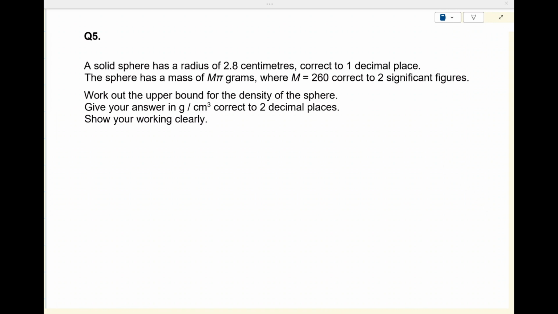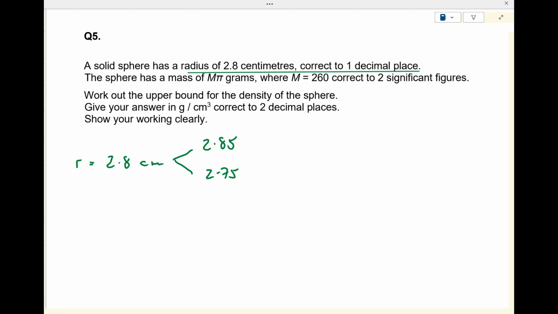Question 5. A solid sphere has a radius of 2.8 centimeters correct to 1 decimal place. Wait a minute. Let's write down the bounds. Radius, 2.8 centimeters. Correct to 1 decimal place, 2.85, 2.75.